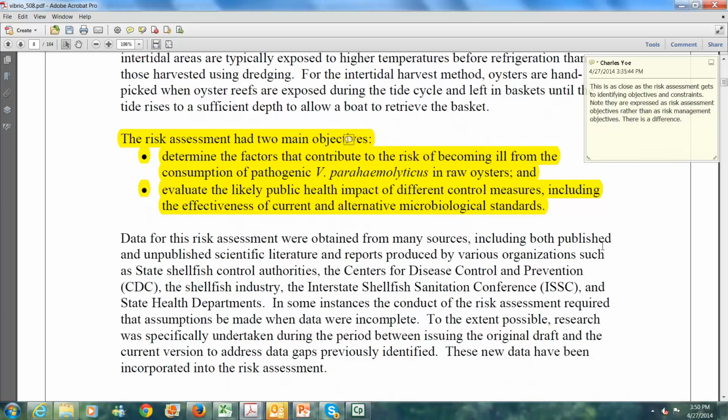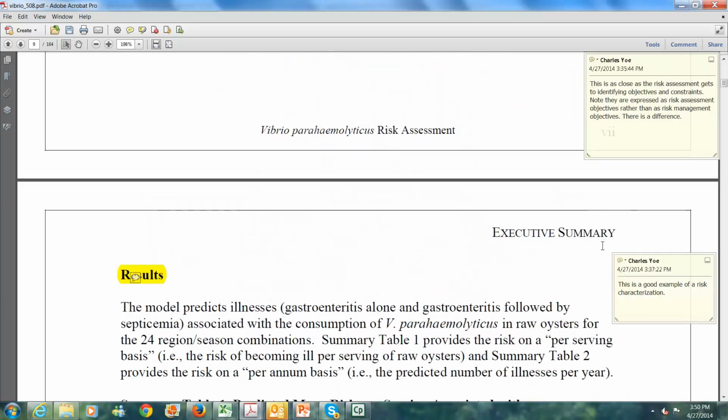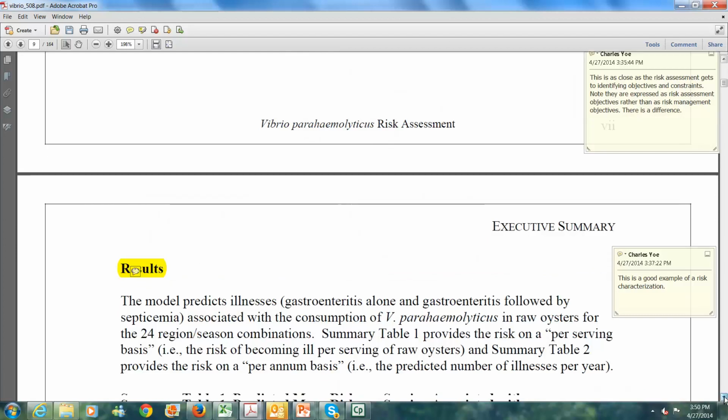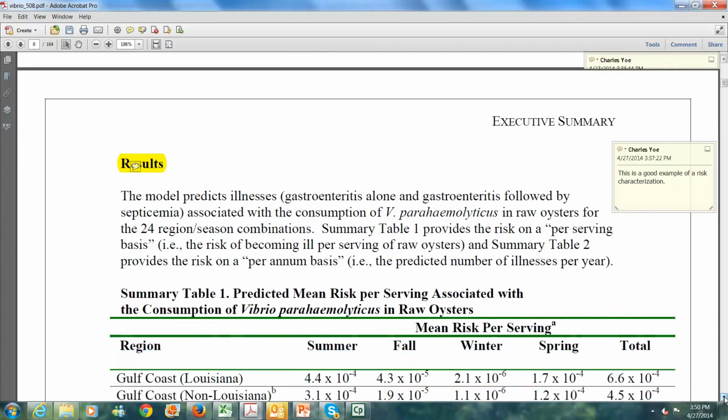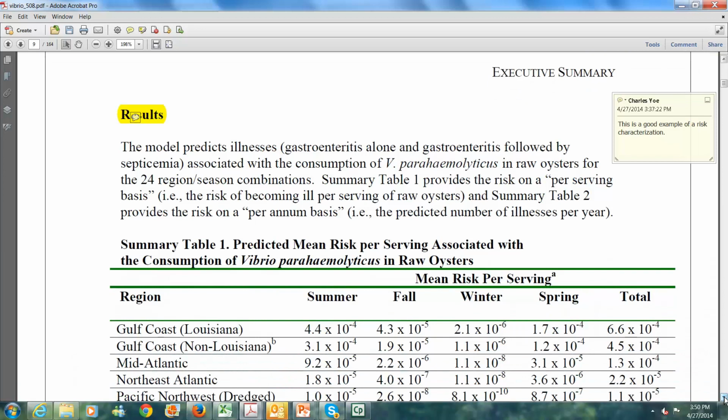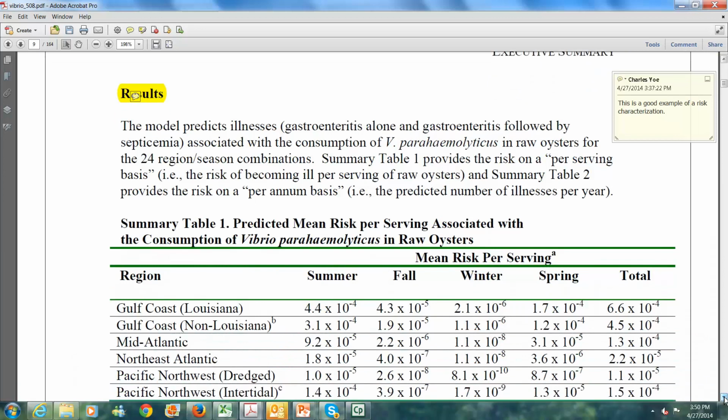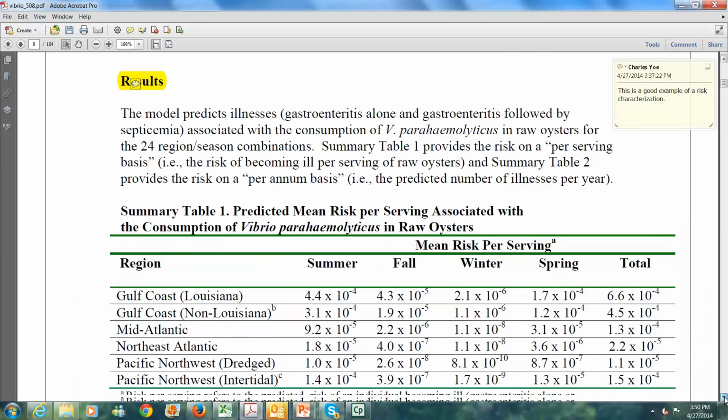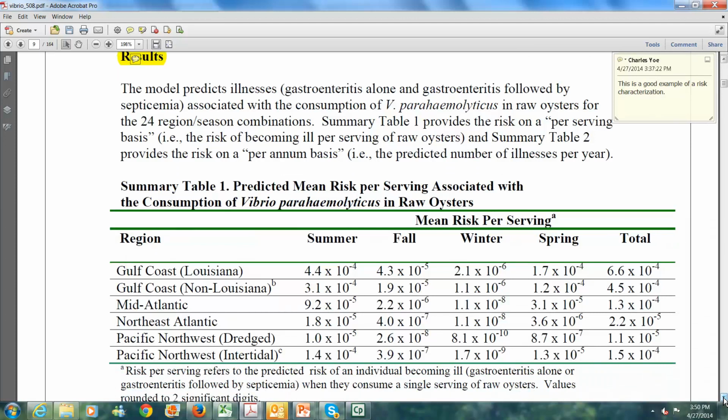We've also talked about the importance of asking questions. And this is an area where I'm particularly pleased with this risk assessment, as you'll see in just a second. But as we continue to scroll down through the executive summary, I wanted to point out here are results. And one of the final steps in the risk manager's responsibility for risk estimation is to consider the results of the risk assessment.